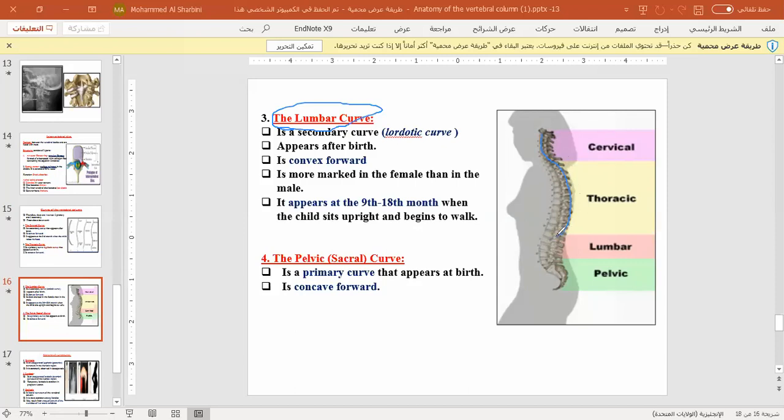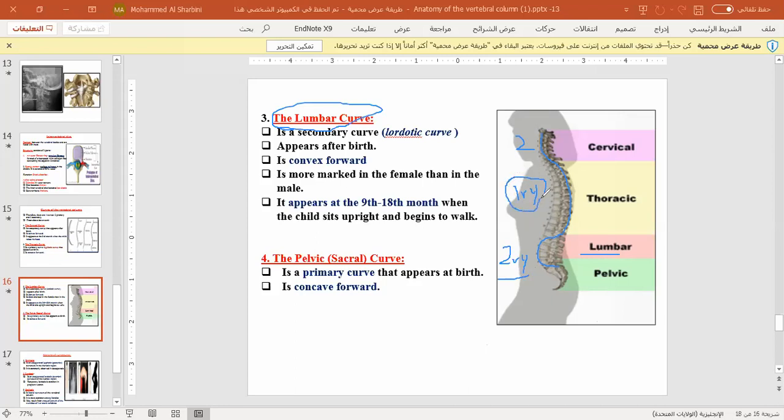Secondary means convex from anterior, like the cervical curve. The thoracic curve is primary because it does not change. A secondary curve changes due to walking and standing up, so the lumbar curve is also named secondary.